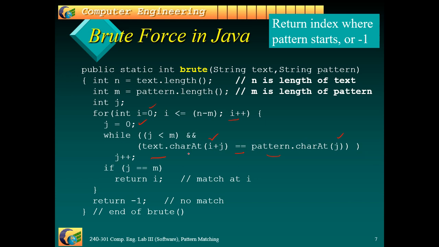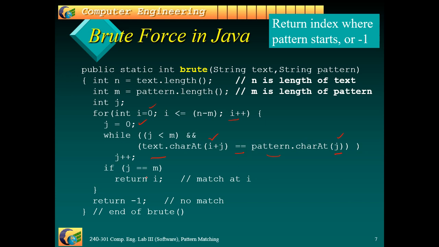When you increment j, both the positions of the text and the pattern are incremented, because here you can see in the text the index is i plus j. So when you increment j, automatically the index position of the text also gets incremented in addition to your pattern, which is identified with the help of j.